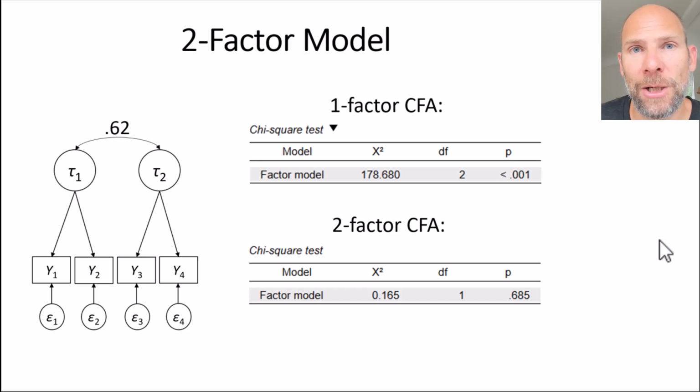Another thing that I should mention is that the factors were correlated 0.62, so they weren't close to 1 correlated, indicating that the two-factor model was far from a unidimensional structure. Unidimensional structure would imply that the two factors are correlated 1.0 in the population.